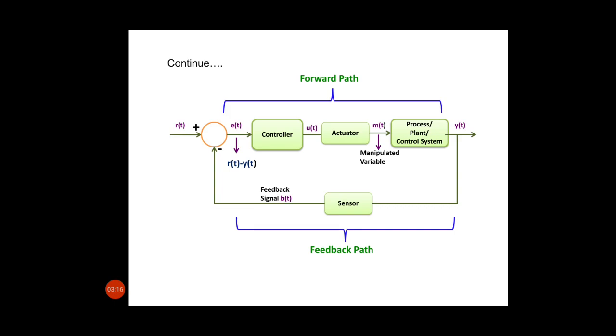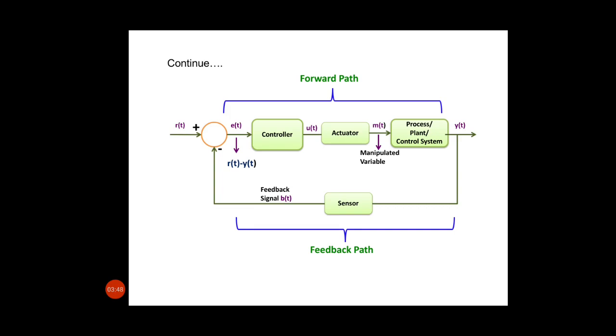The upper path, wherein we go from the controller to the system and then to the output, is called the forward path.